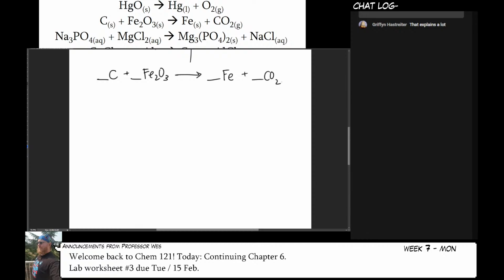And in order to get it back to iron, we have to reduce it. We have to give it a reducing agent, and we use carbon for that. So the carbon takes the oxygen instead, and we get the iron. That is a little bit of metallurgy for you, just in case you were curious.